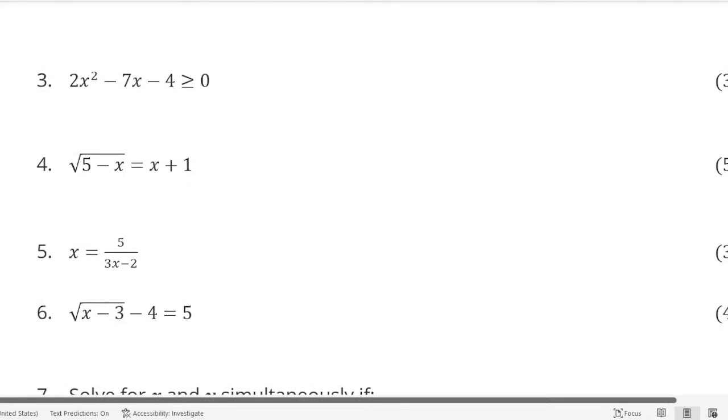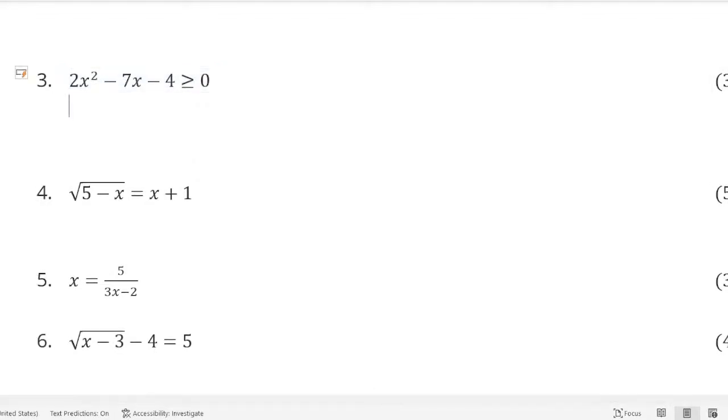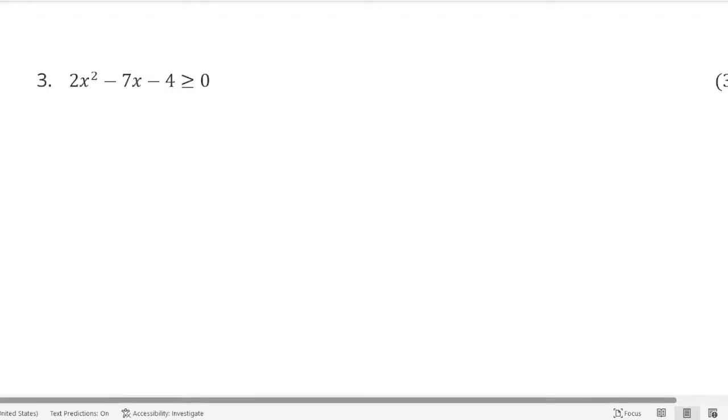So number 3, this one is an inequality. So we have this equation: 2x squared minus 7x minus 4 is greater or equals to 0. So here is out of 3 marks. So what you need to do here, you have to factorize.